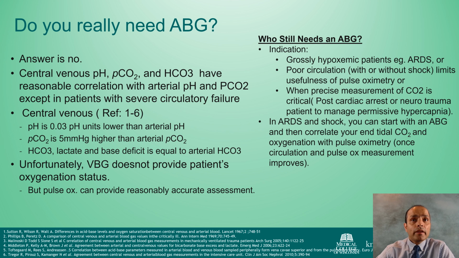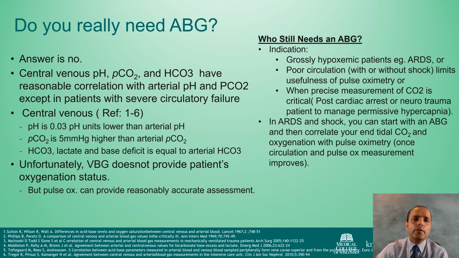Do you really need an ABG? The answer is no. Because if you look at the pH, PCO2 and bicarbonate from central venous blood, it has reasonable correlation with the arterial pH and arterial PCO2, except in people who have circulatory failure.